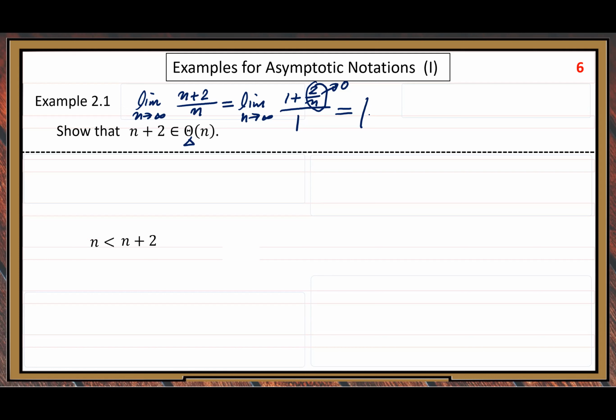You drop 2, it's smaller. But how about the upper bound? A little harder. Which constant multiple of n can we use as the upper bound of the function n plus 2?